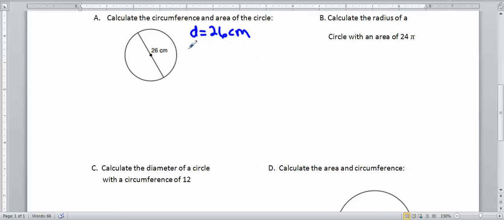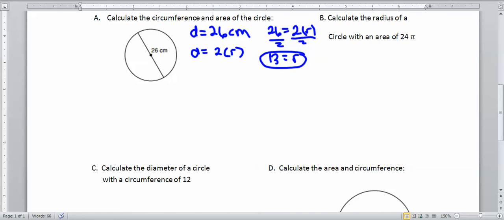And because the diameter is 2 times the radius, I can solve just by plugging in 26 for the diameter into my formula. So I get 26 is equal to 2 times r, divide both sides by 2, 13 is my radius.